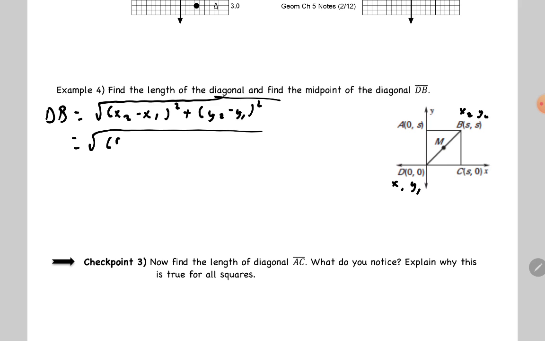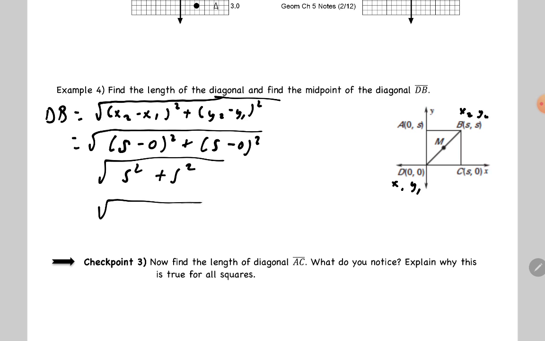So x2 is s, not 5, s, minus 0 squared plus s minus 0 squared. So it's just s squared plus s squared, which is 2s squared.